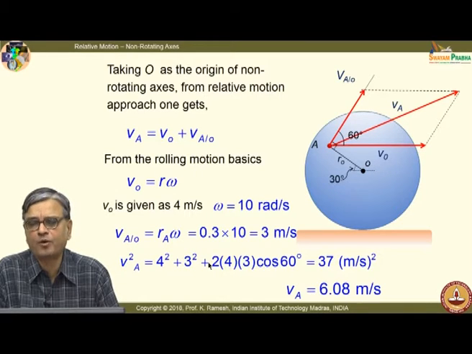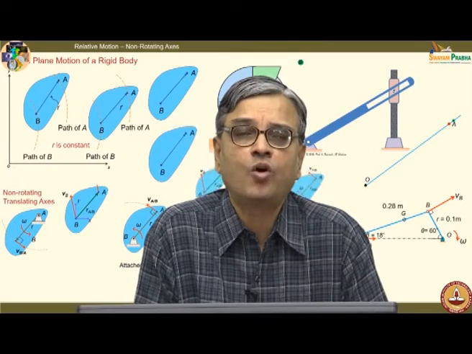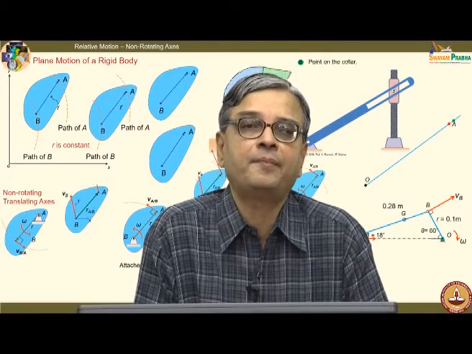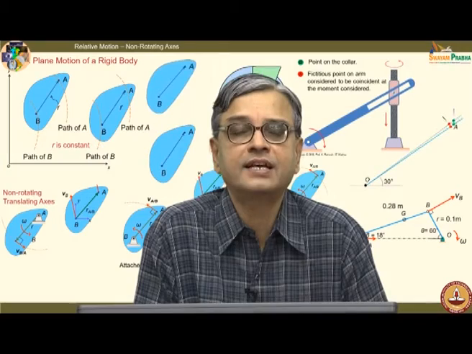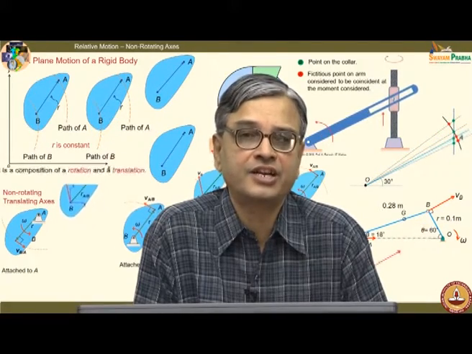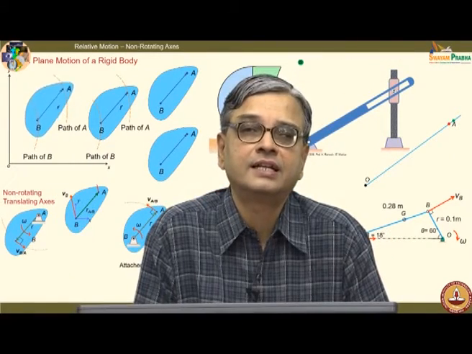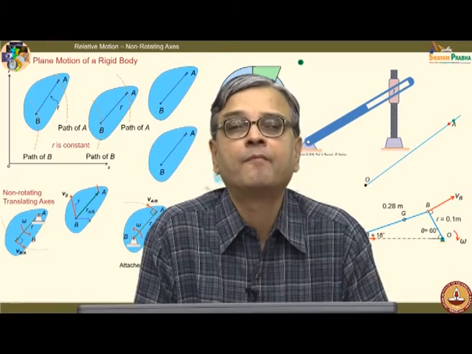Fairly a straightforward problem. In this class we have looked at what constitutes general plane motion. I have said that it is a combination of rotation and translation. Whichever way you do the sequence, the final motion remains the same.